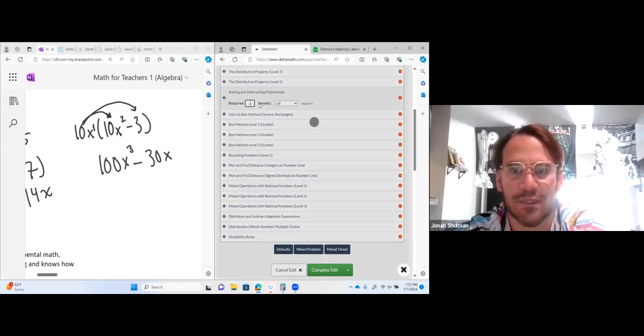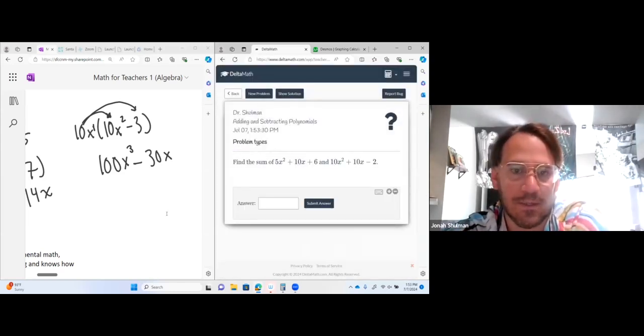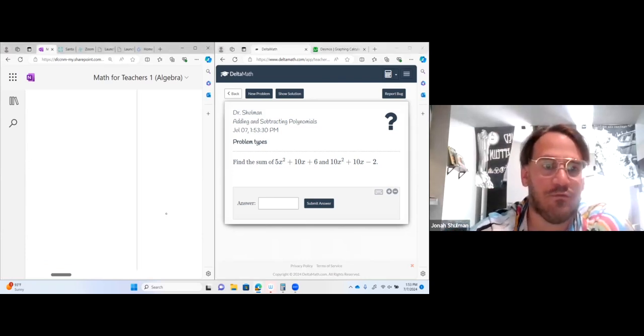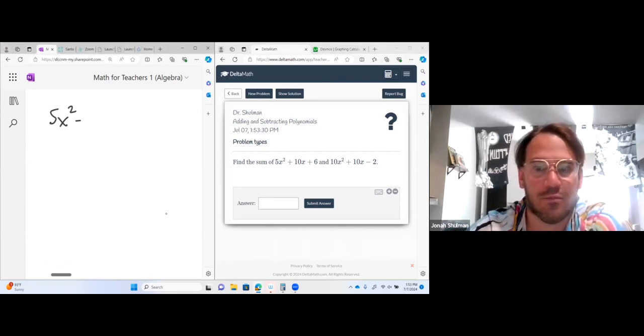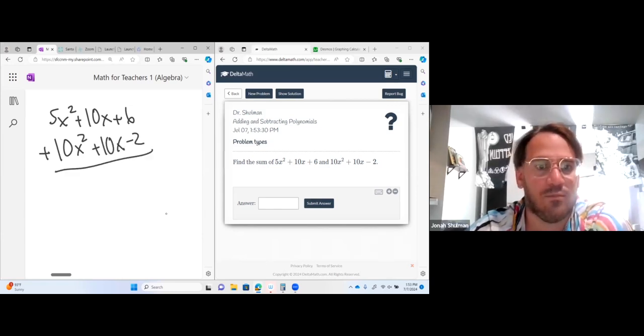All right, so now we get to add and subtract some polynomials. Why did I put these in? I just think they're going to be useful for your students to know. So if I have 5x squared plus 10x plus 6, and we want to add, notice how I'm matching them. If I put these all together, I get a positive 4, I get 20x, and I get 15x squared.